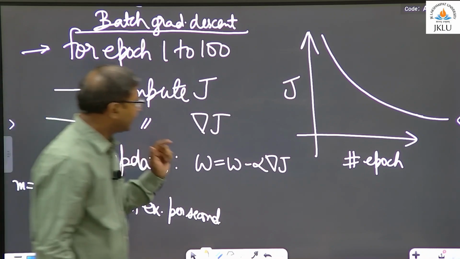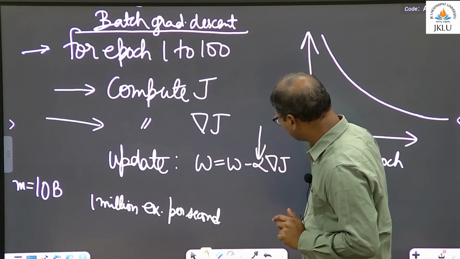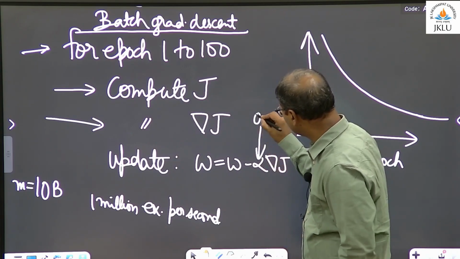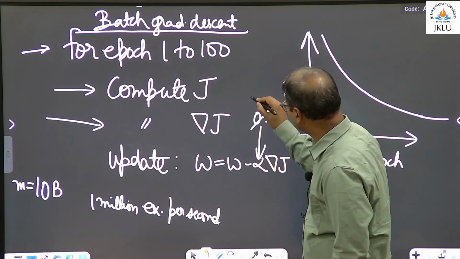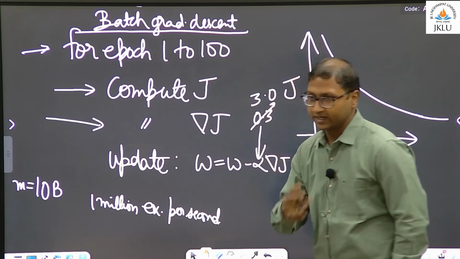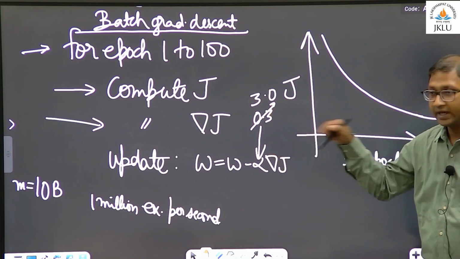Now if you have made a mistake of this kind, let's say you put alpha as 3.0 instead of 0.3, a typo. When will you realize this mistake?